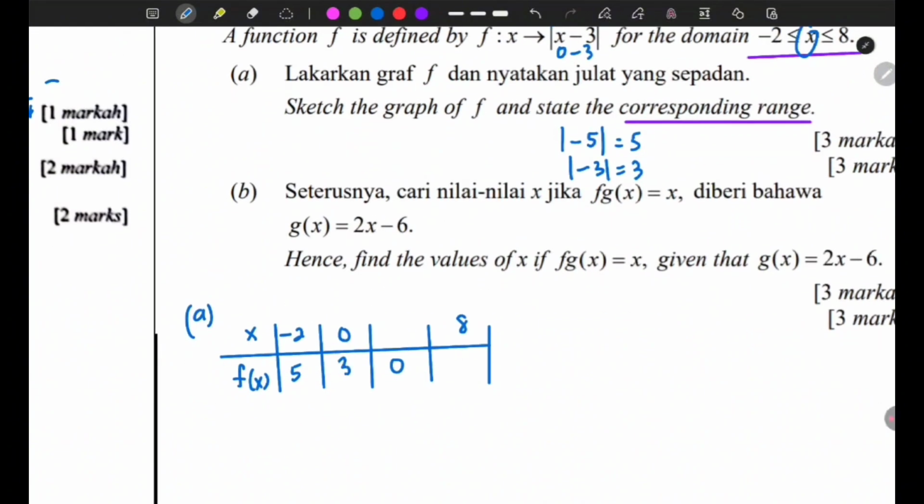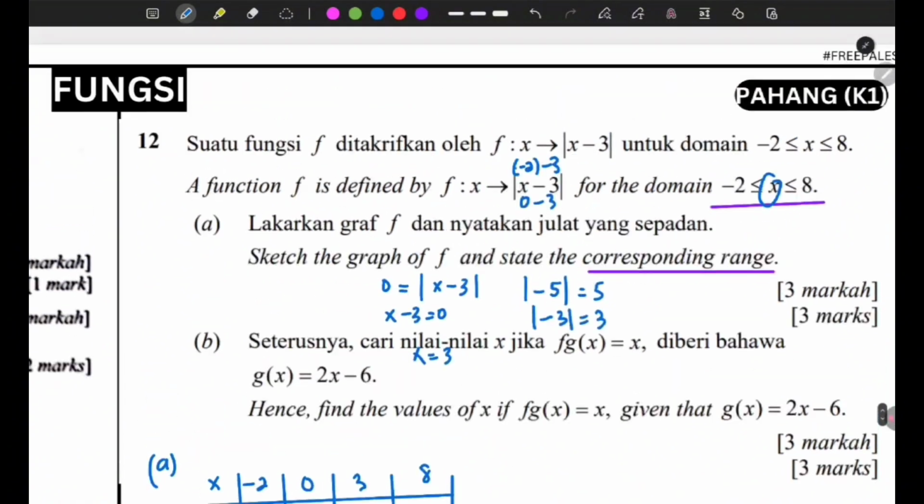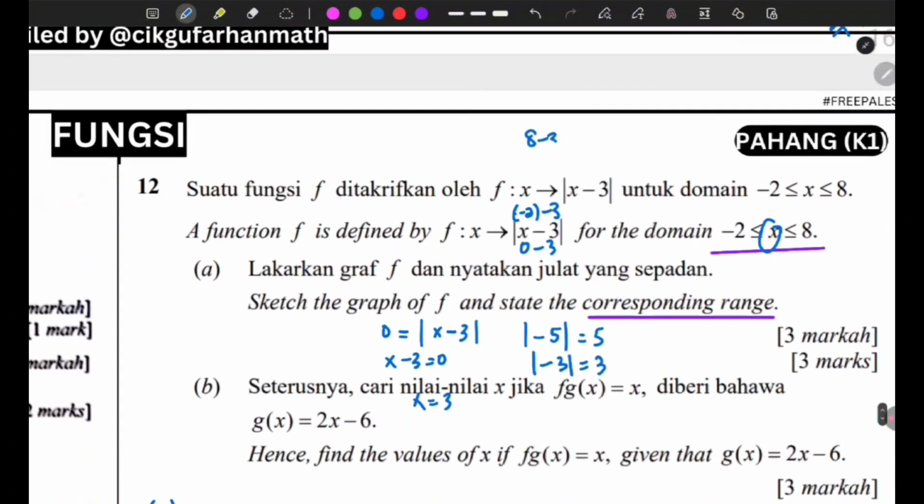When your fx is equal to 0, that means 0 equals modulus x minus 3. So the modulus can be ignored. So x minus 3, your minus 3 brings here. X will be equal to 3. And when your x is equal to 8, 8 minus 3, what's your fx?